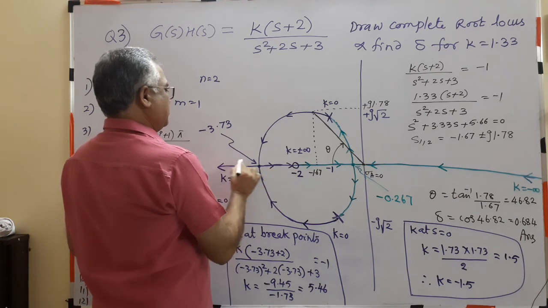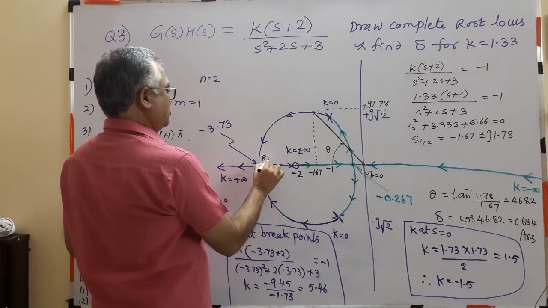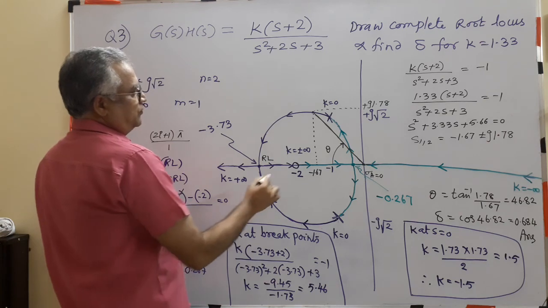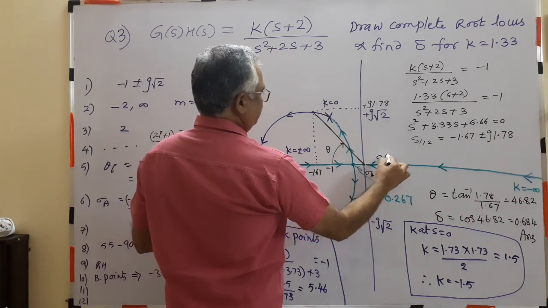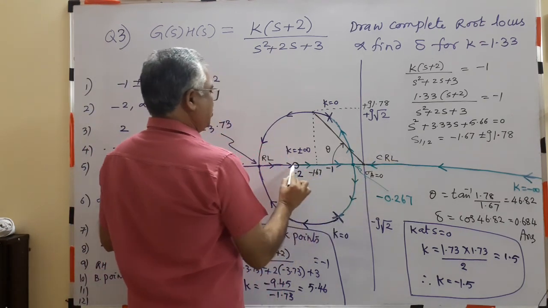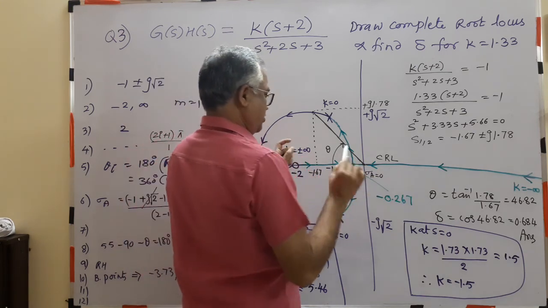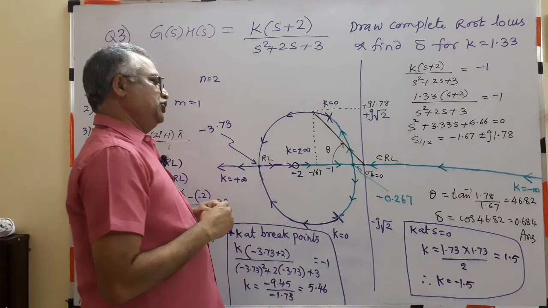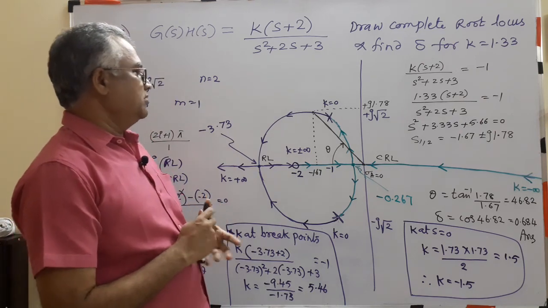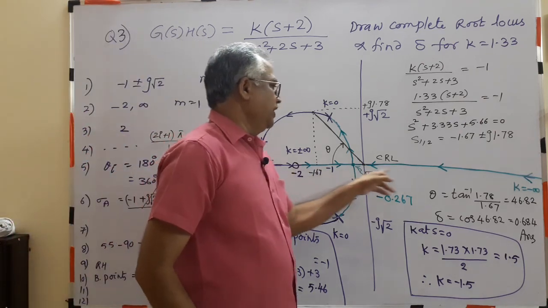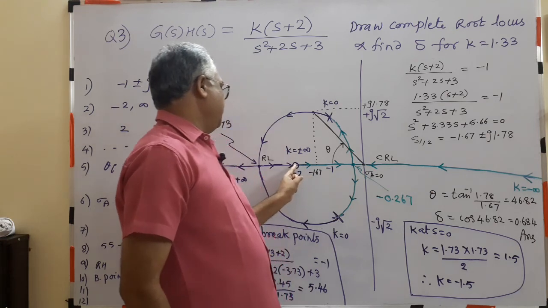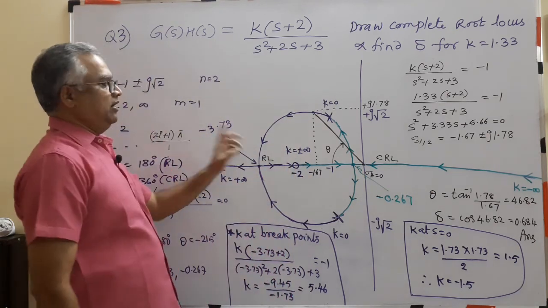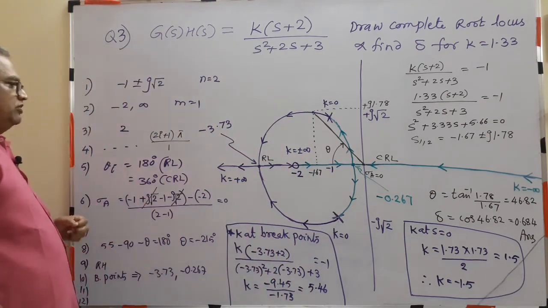So on this section, the root locus exists. And on the CRL, right of this zero, count the number of poles and zeros: nothing is there. Zero is considered an even number. So from here to here is the entire CRL, and from here to here is the entire RL. That is the seventh point.